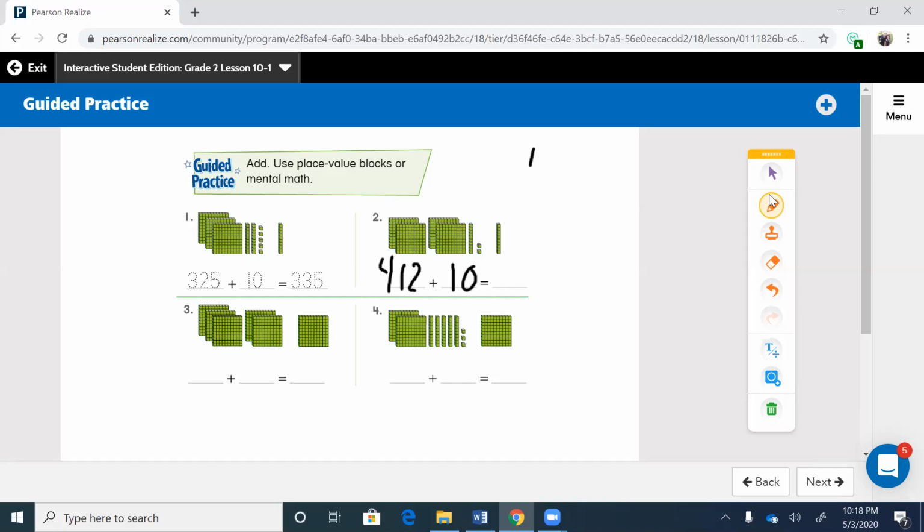So I'm just going to write up the number 412 for you. I'm going to circle the tens digit. The tens digit will increase by 1. So the hundreds stay the same, the tens will increase by 1, so that will be 2, and then the ones stay the same.